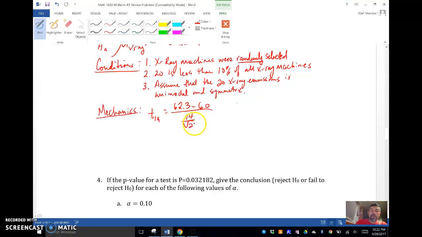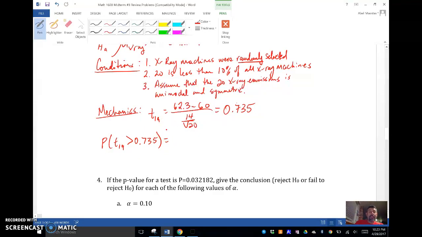We're going to get a t value of 0.735, and so we want to know if the probability of t with 19 degrees of freedom is greater than 0.735, and we used greater than because that's what the alternative hypothesis was.